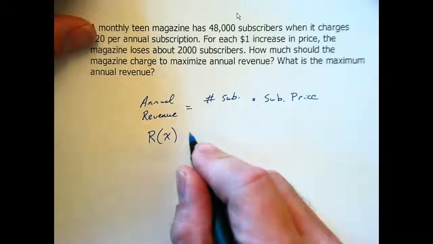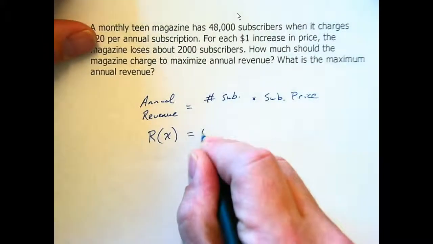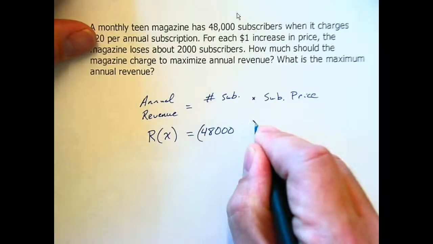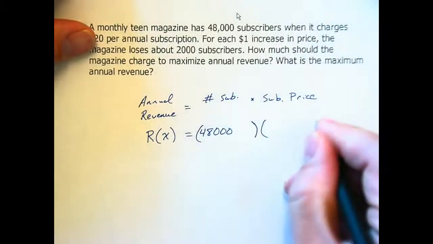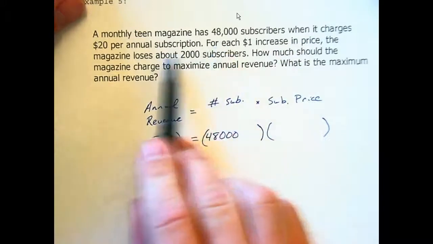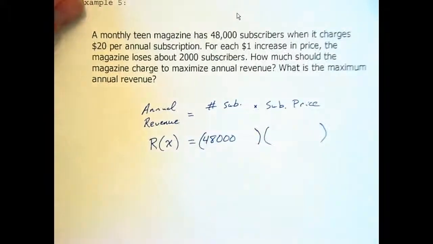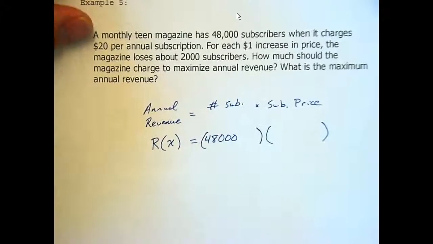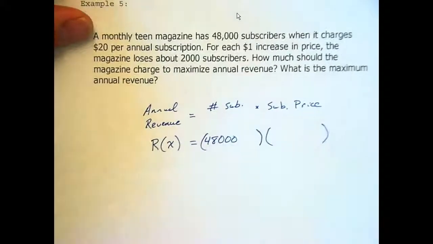And the number of subscribers we have, how many subscribers do they tell us we have? They say you start out with 48,000. However, they start messing around with those subscribers. Okay? That sounded disturbing, I know. But for our subscribers, we start losing subscribers. How do we lose subscribers? Good. So when our price changes, we lose subscribers.